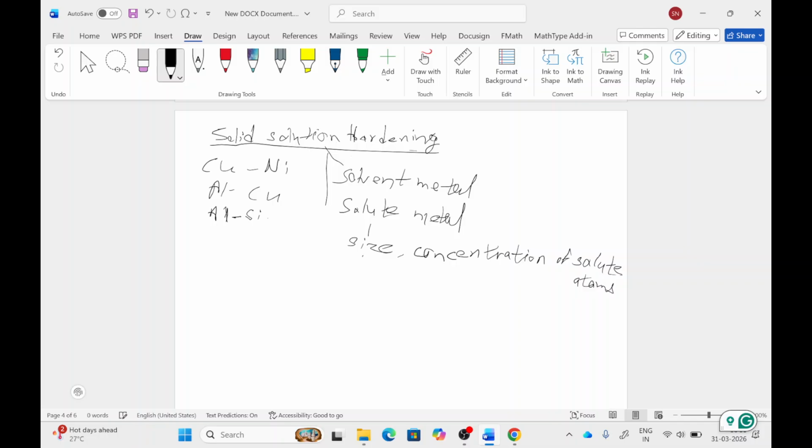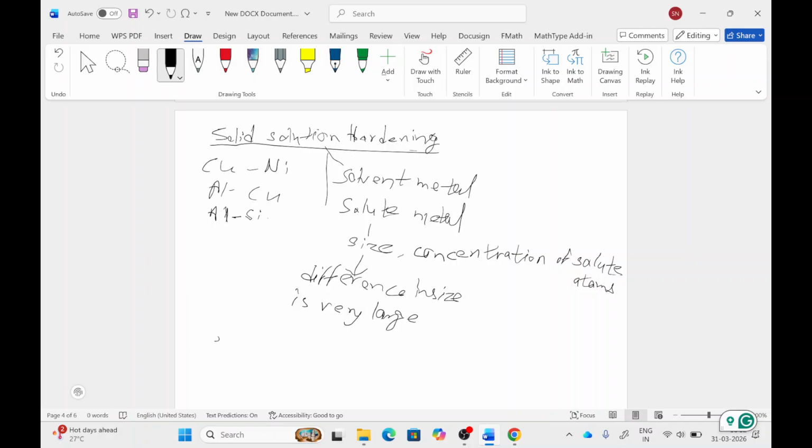If the difference in size is very large, because of that size difference from the solvent metal atom, they create a strain field around the matrix.